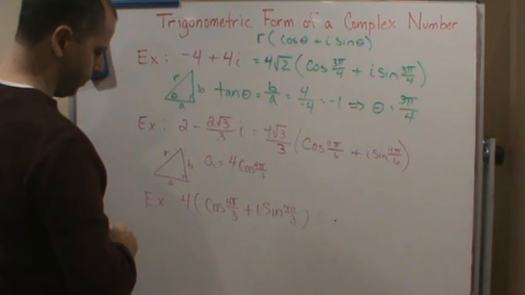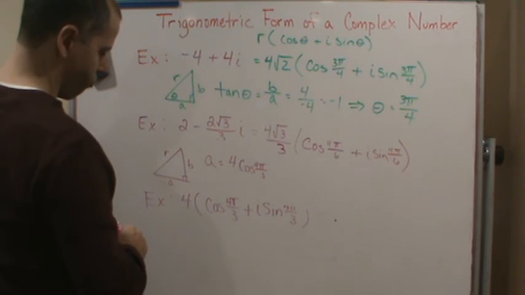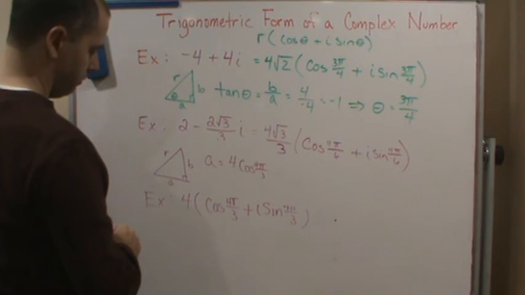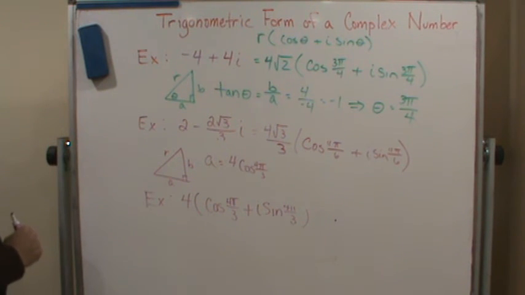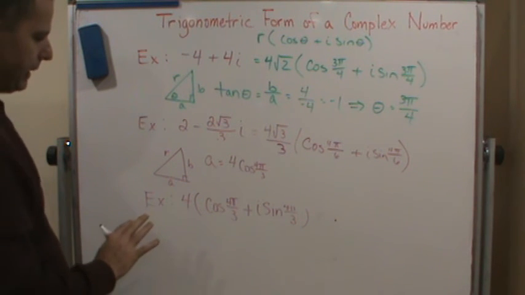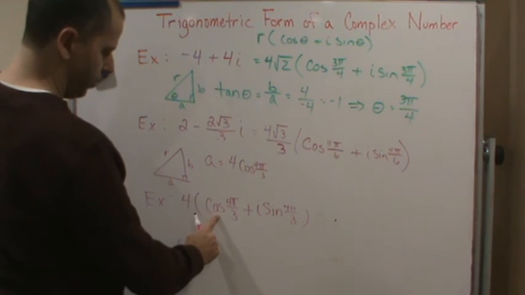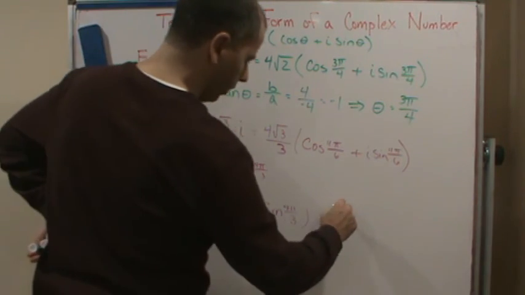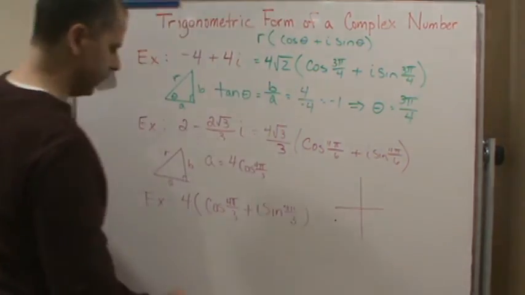Well, not really a. It's a divided by 4. But that being set aside, all we need to know is what's cosine of 4 pi over 3. Well, where's that angle at?